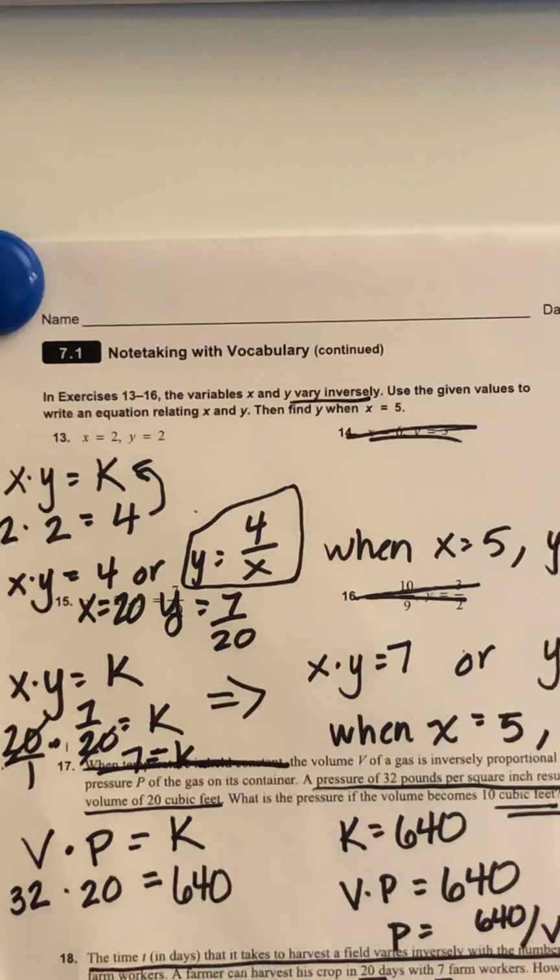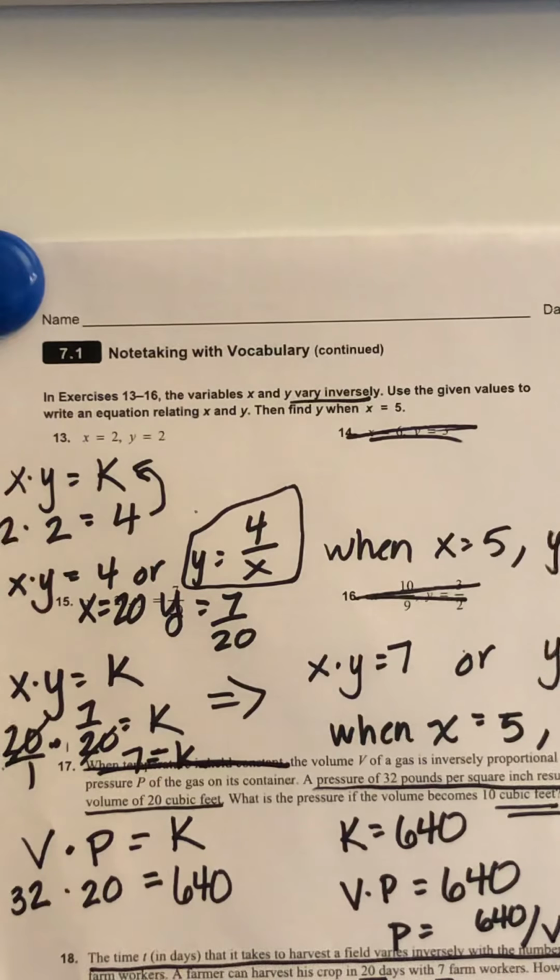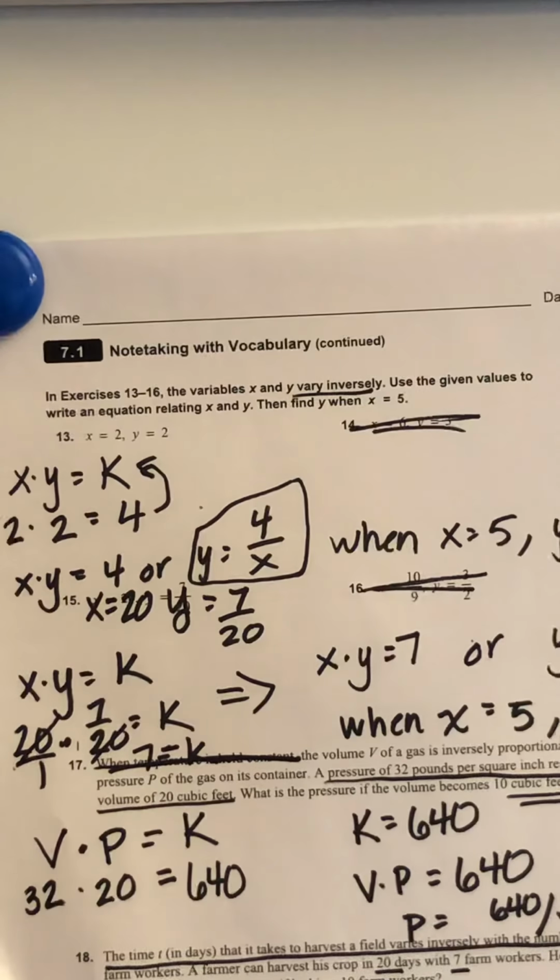So my equation is T times N equals 140, or T equals 140 over N. Now the second part of my question asks, how many days will it take if he hires 10 farm workers? If I plug 10 in there, I have T equals 140 over 10, T equals 14. So it will take him 14 days to harvest the field with 10 farm workers.